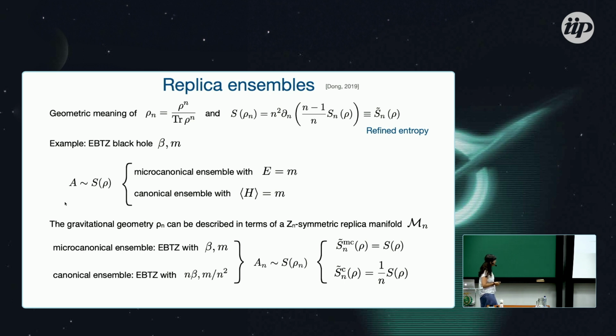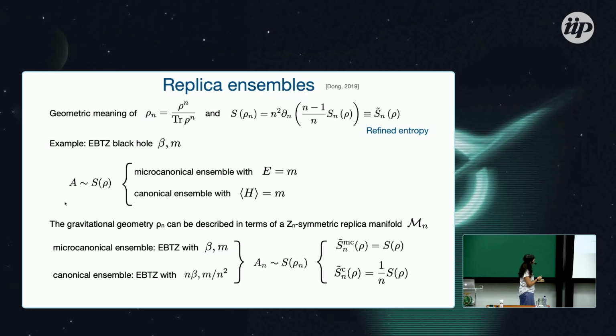Another extension that we have been looking at is the following. It is based on the replica ensemble construction of Xidong, which associates a geometric meaning to the normalized replica density matrix, and also makes manifest the ensemble dependence of Renyi entropies.